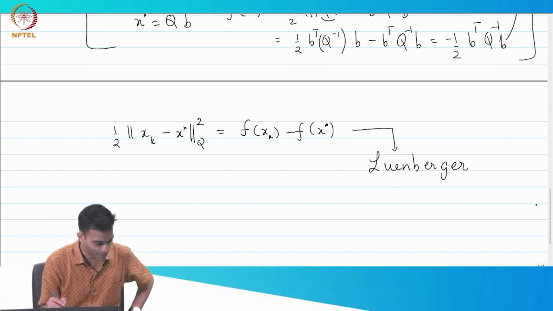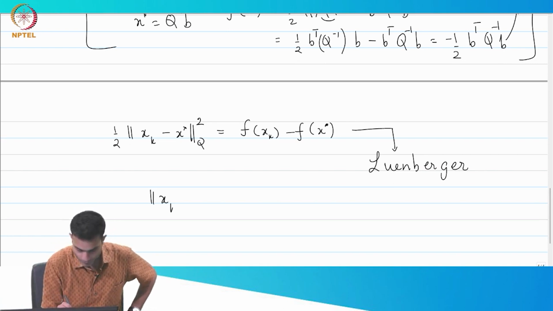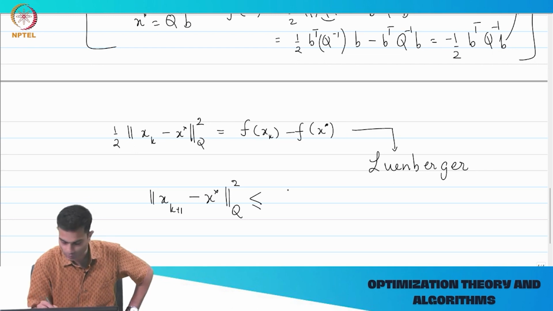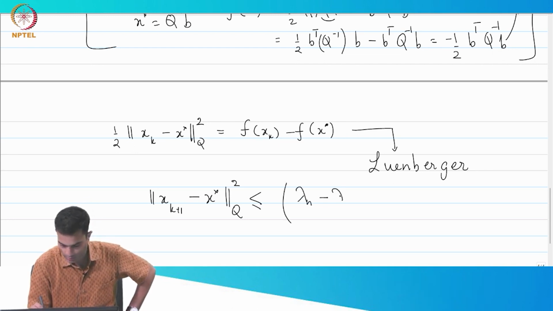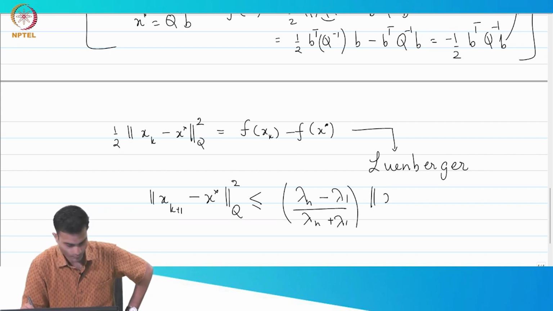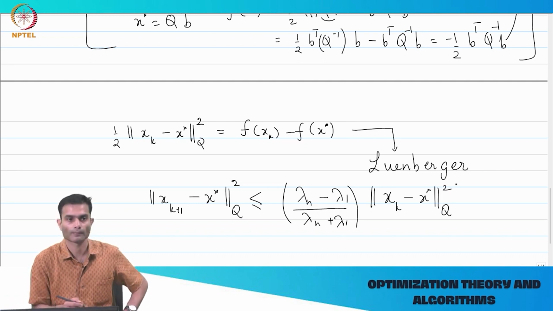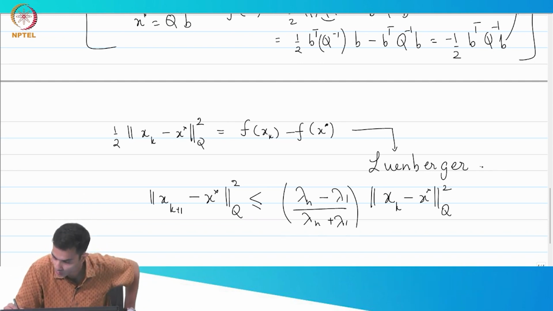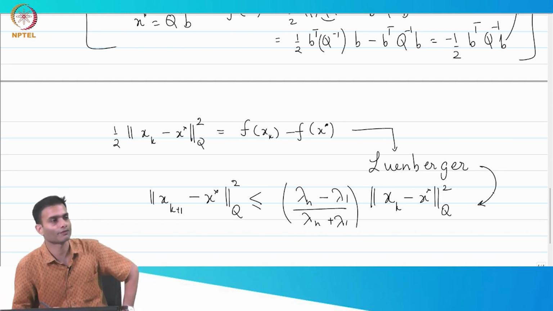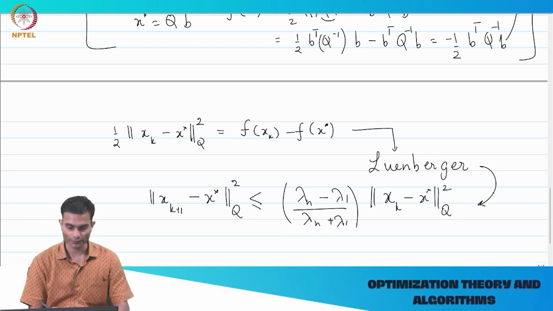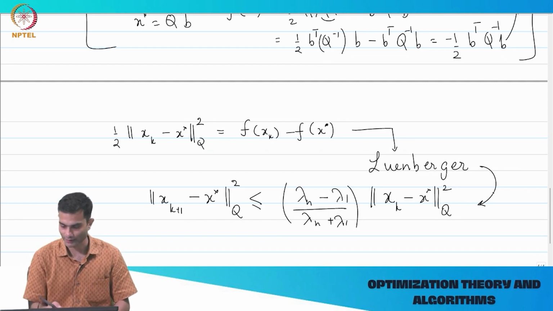And Luenberger takes this further and says that this norm over here is actually less than or equal to this. This proof is not going to be done in class, but we'll take it on faith. So after relating this norm of the iterate distance to the function values, this is what you get.